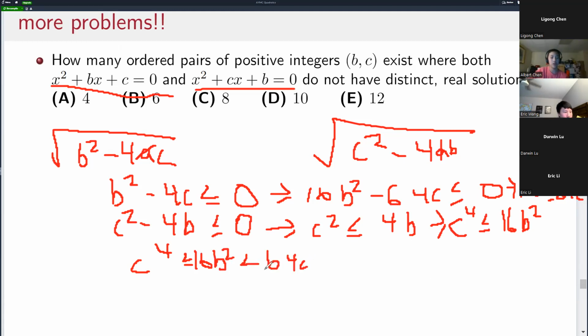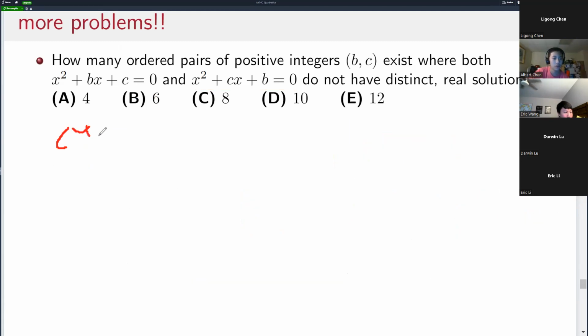And now we can do casework using this inequality. So c to the 4th is less than or equal to 16b squared, which is less than or equal to 64c. All right, let's just try out numbers.